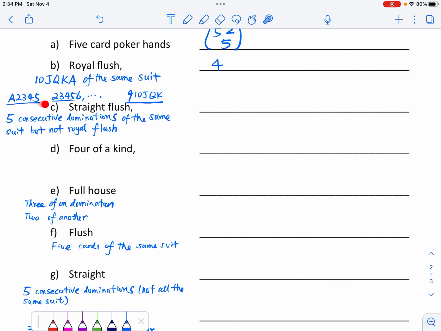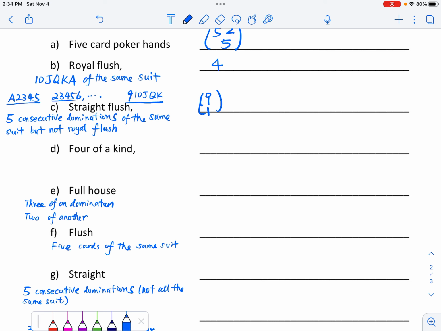Now, because we have only that many possibilities, let's say 9 choose 1. Why 9 choose 1? Because we have only these 9 possibilities, just beginning with a 9, right?